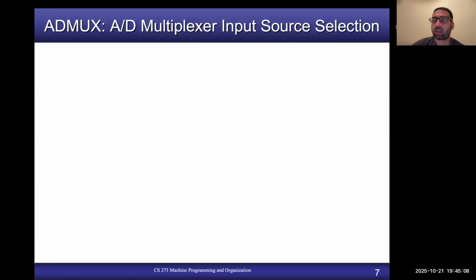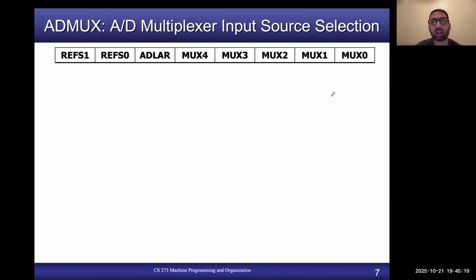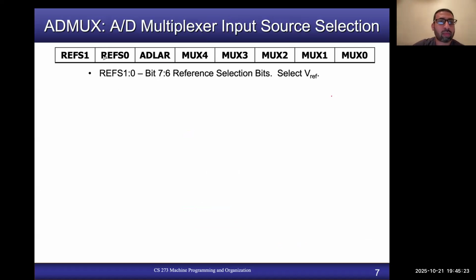The other register associated with AD operation is the ADMUX register. Let's have a look at the different bits of this register. The first two bits, REFS0 and REFS1, are used for reference selection.